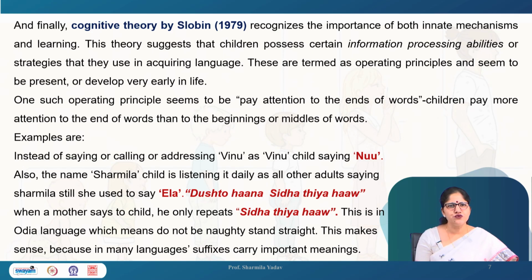Still she used to say Ila. Another example from Odia language, Dushto Hauna Sida Thia Hao. When a mother says this to the child, he only repeats Sida Thia Hao, means only focusing on the last 2 or 3 words or the last word. This is in Odia language, which means do not be naughty, stand straight. This makes sense because in many languages suffixes carry important meanings.